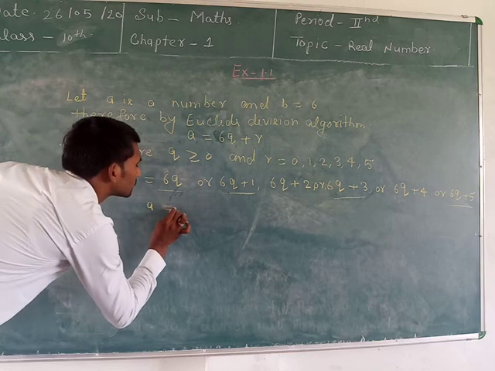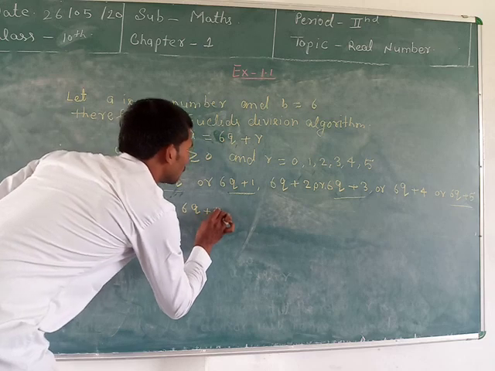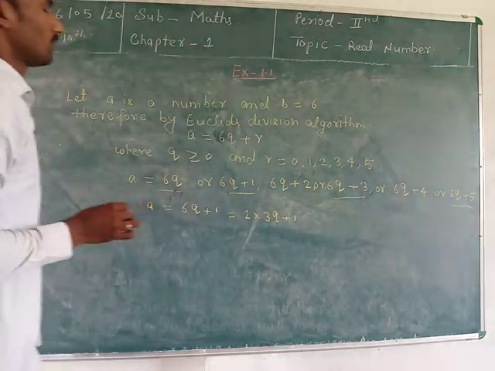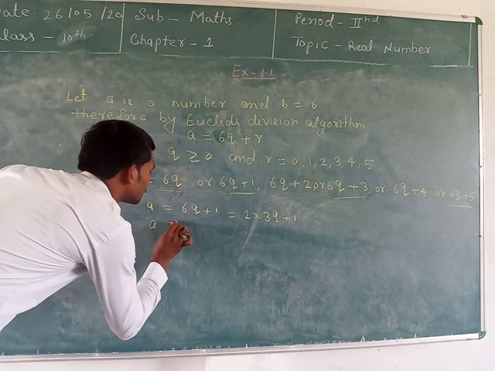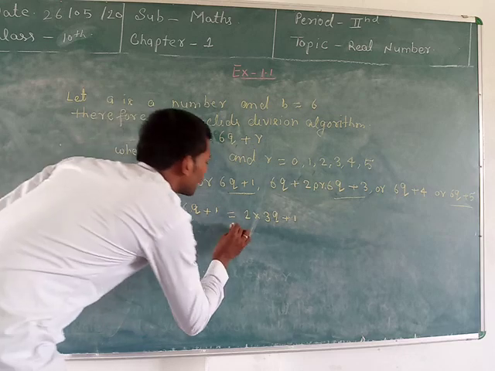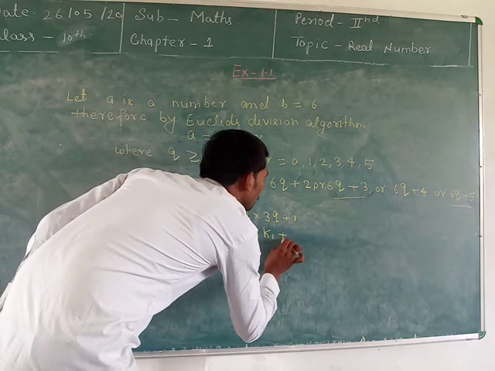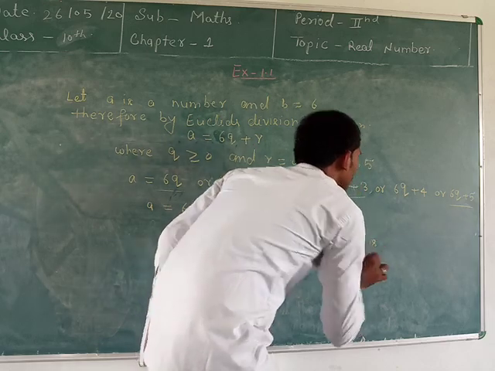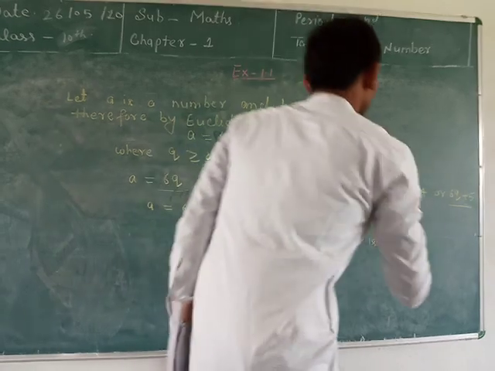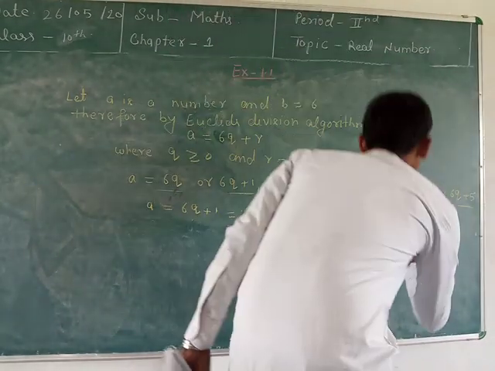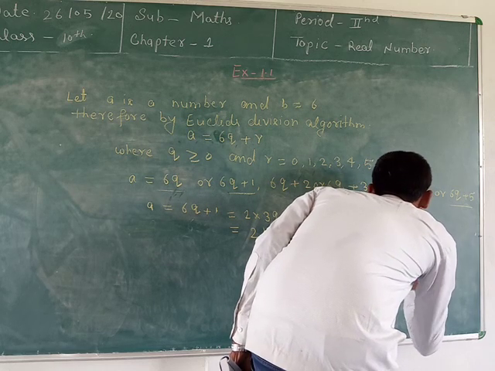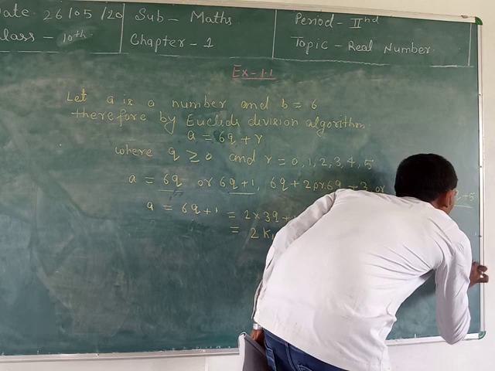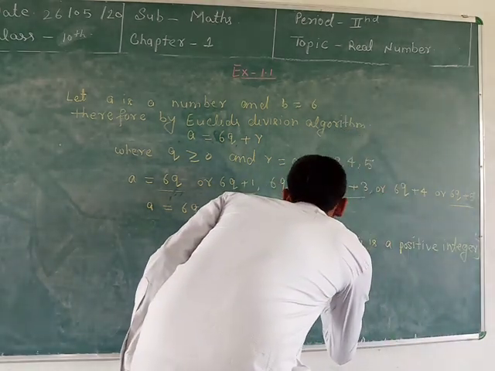a equal to 6q plus 1, we can write this as 2 into 3q plus 1, that is 2k1 plus 1, where k1 is a positive integer whose value is k1 equal to 3q.